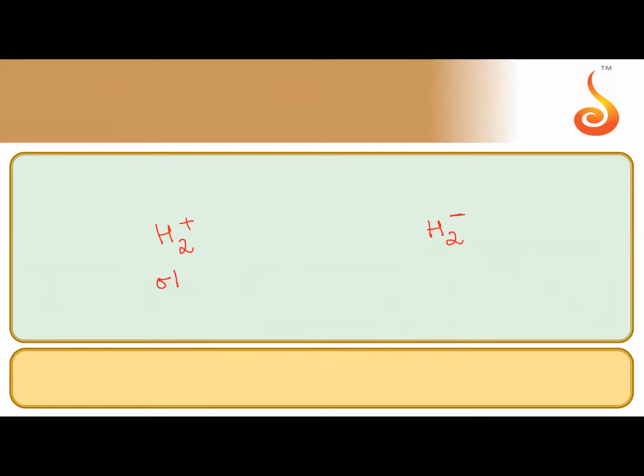H2 plus meaning sigma 1s1. H2 minus meaning sigma 1s2, sigma star 1s1. Bond order here is (1 minus 0) by 2, that is 0.5. And bond order here is (2 minus 1) by 2, that's also 0.5.